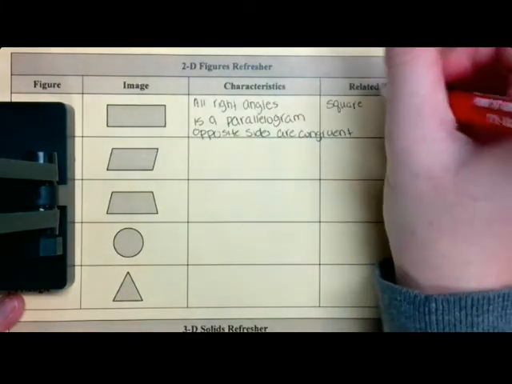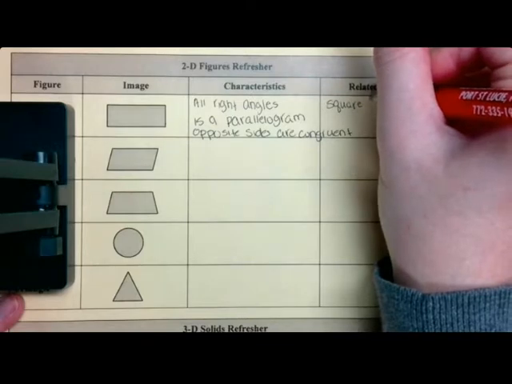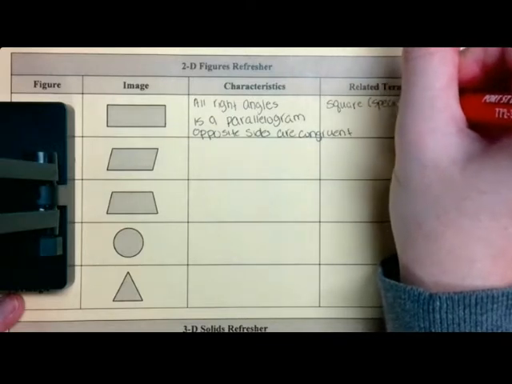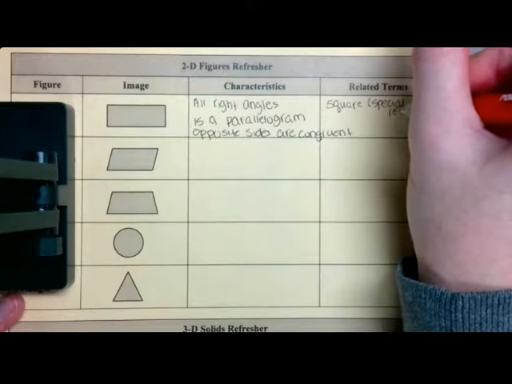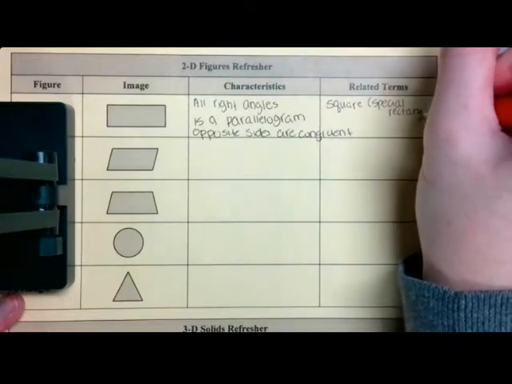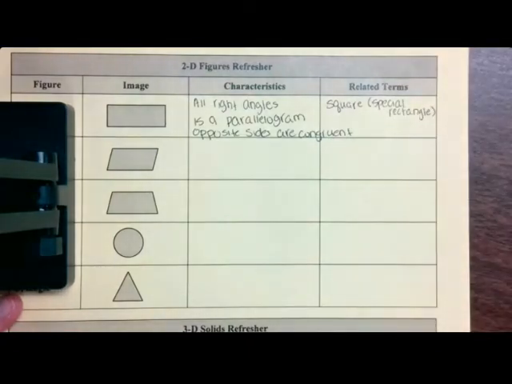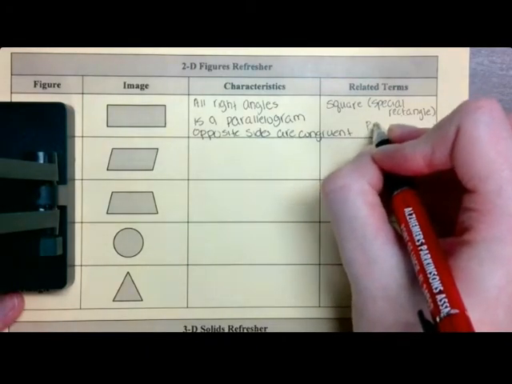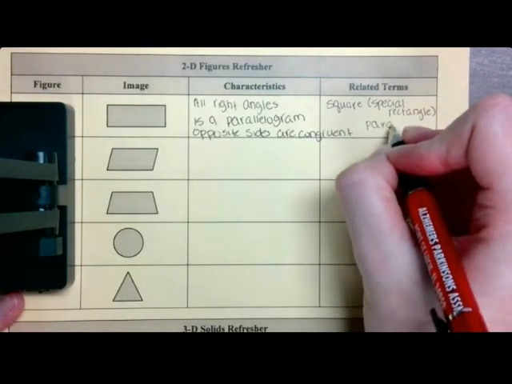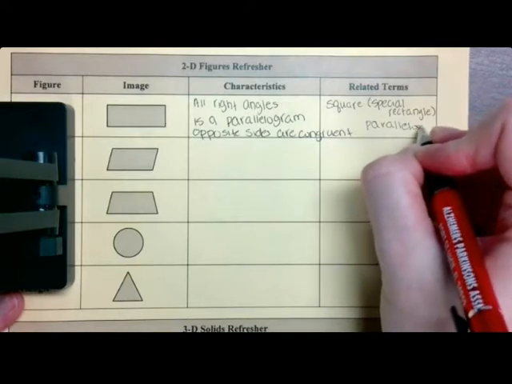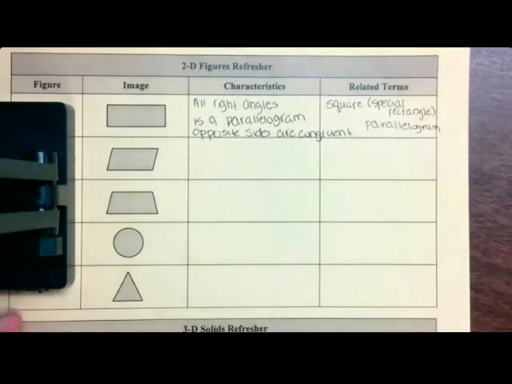A square is a special rectangle. It's special. Okay? And again, we're going to put parallelogram here. Okay? So that's all they're looking for on these.